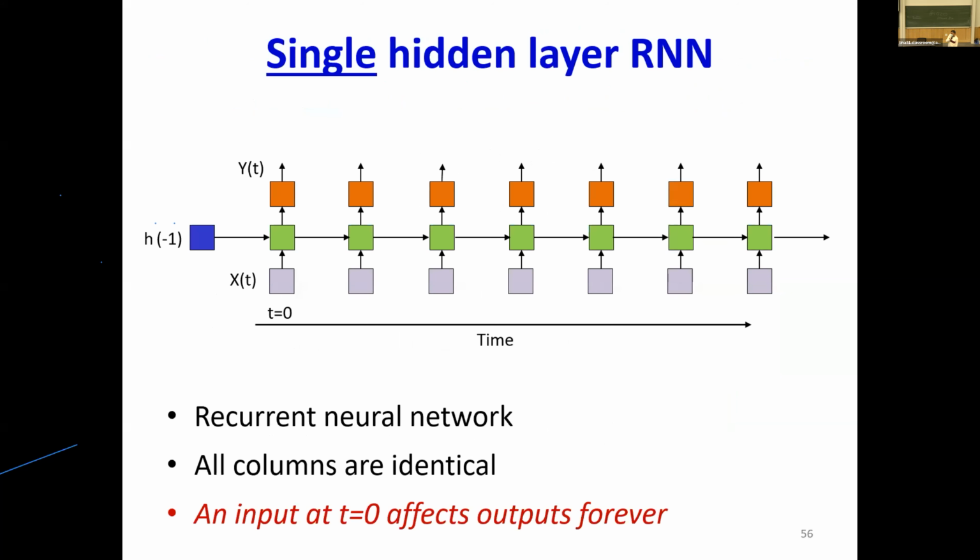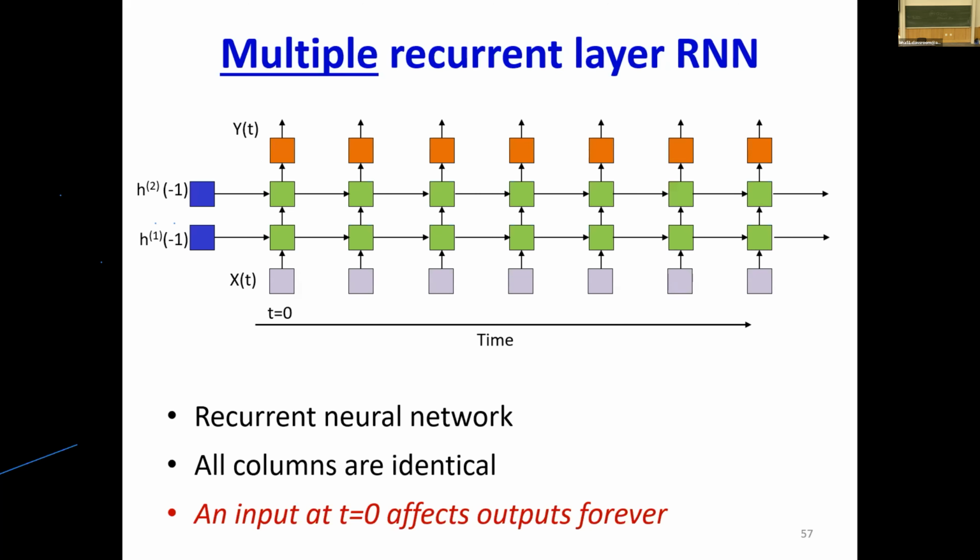Again, this is showing the entire computation. The network itself is just one column, and every column is identical to every other column over here. I'm just showing you the complete computation. And since the state has just one hidden layer, all I need to specify is h of -1 for that one layer. And now you can see how an input at the initial time is going to end up influencing outputs forever.